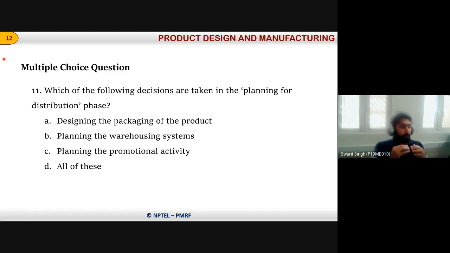Then planning of the promotional activities. Obviously, if the product is launched in the market and there is no buzz for that product, it is not going to make a mark. Suppose we see a movie coming to the theater. Initially there were some posters saying the movie is coming. Later they started releasing a trailer, a short clip of 3 to 4 minutes before a movie, so we can get an idea of who is part of the movie, the songs and everything.